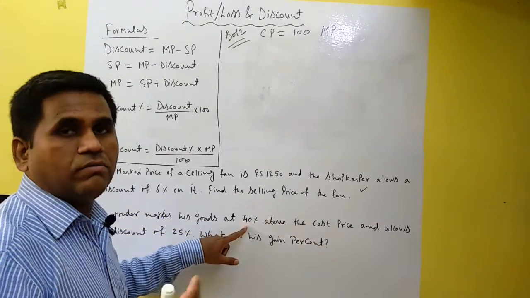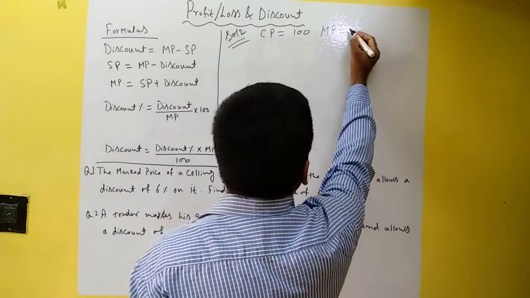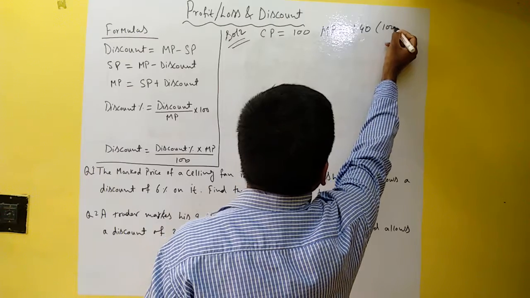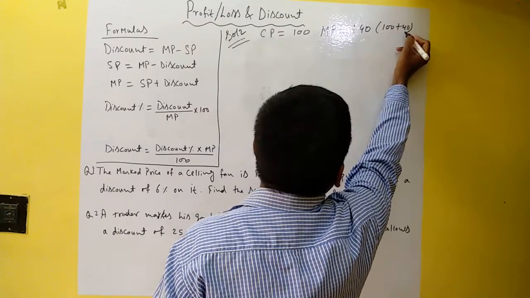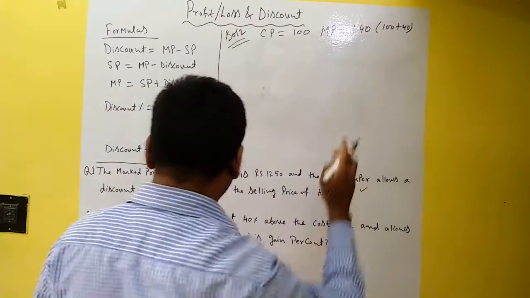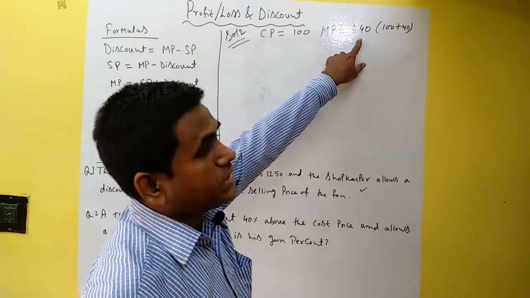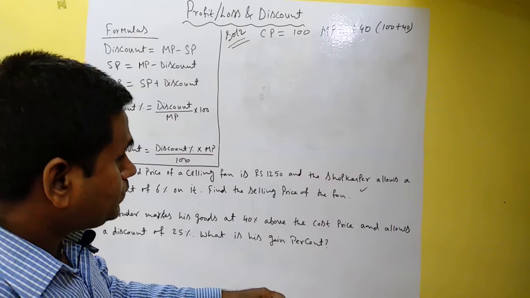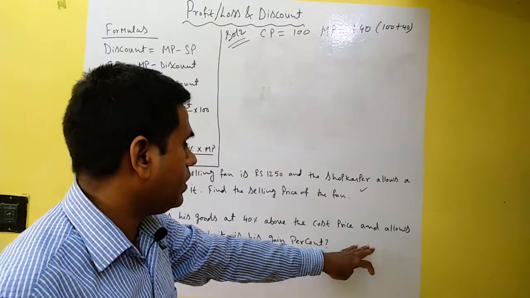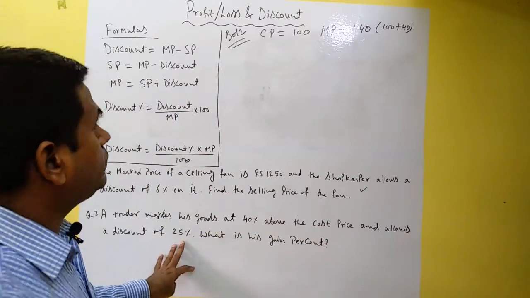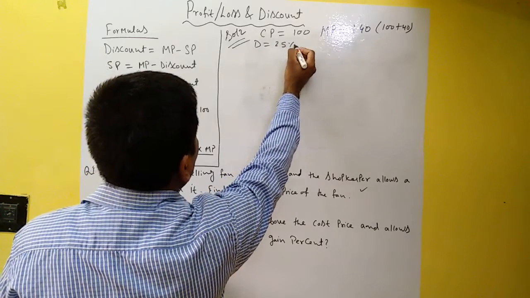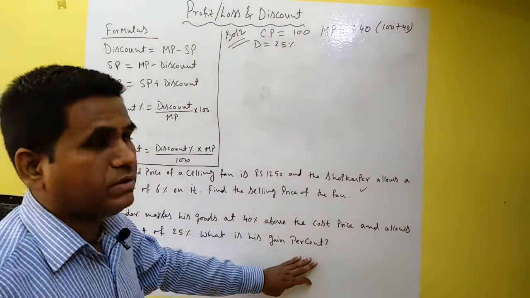So on 100, 40 rupees he is increasing. So marked price is 140 rupees, which is 100 plus 40. So we know the marked price, and the discount is 25% here. What is his gain percent?